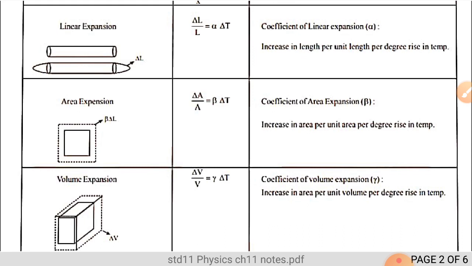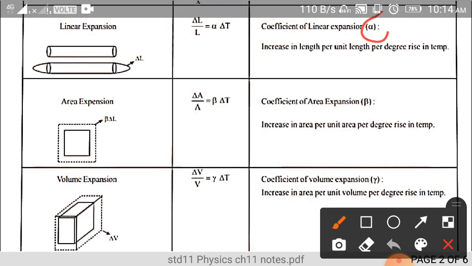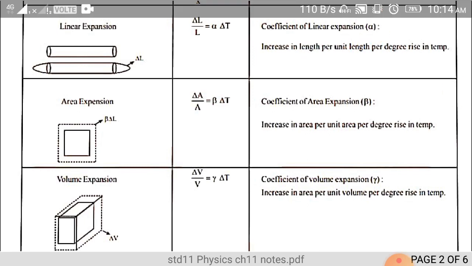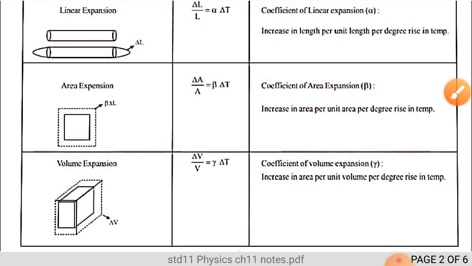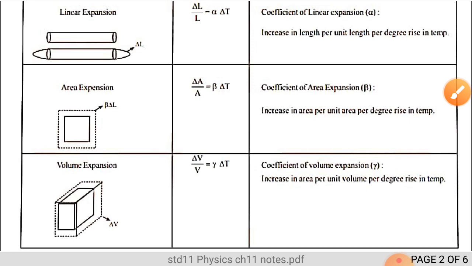Inside linear expansion, every material has its coefficient of linear expansion, which we denote by alpha. What is the coefficient of linear expansion? It is the increase in length per unit length per degree rise in temperature.